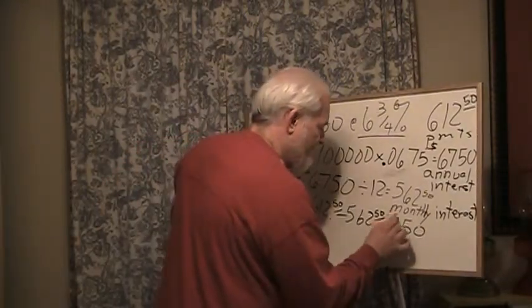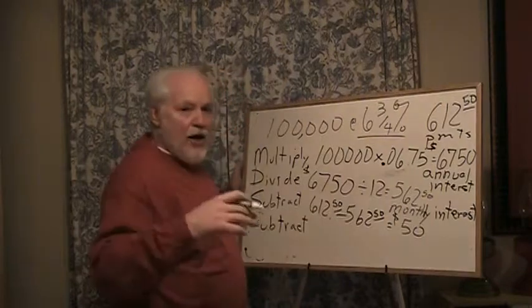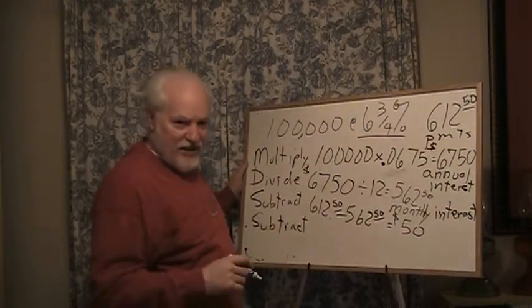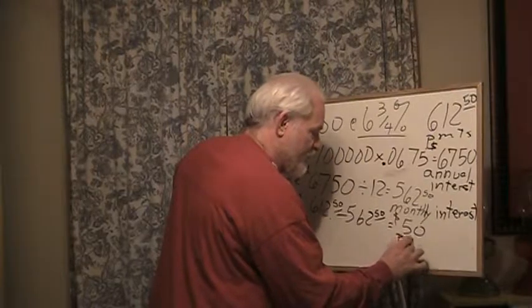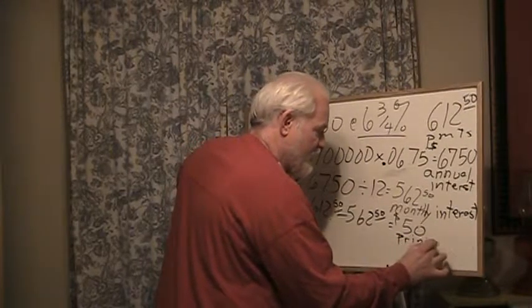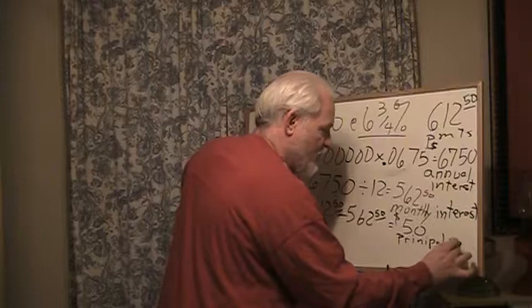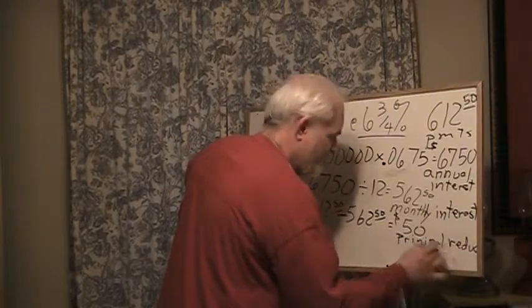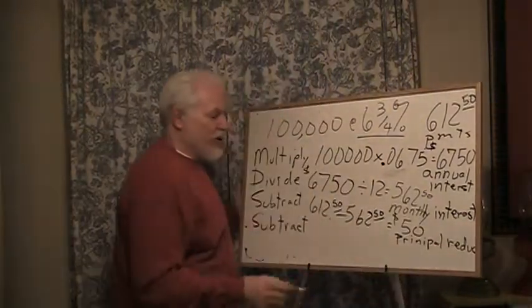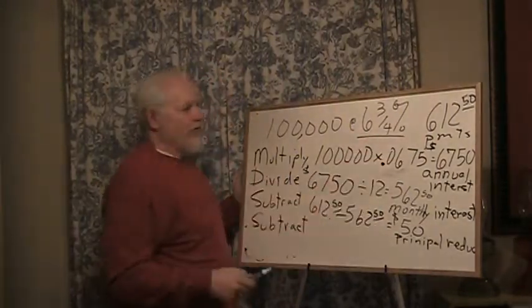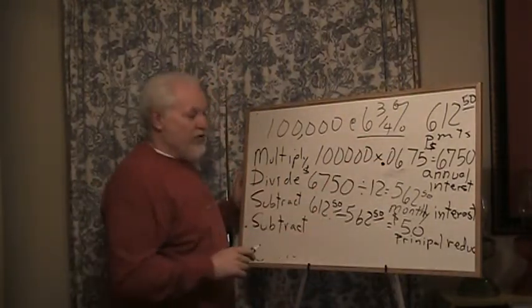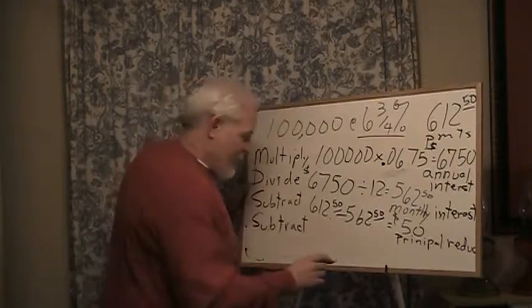So we're going to pay $50 in monthly amortization or monthly principal reduction. So that is the principal reduction the first month. We sent the bank $612.50 and we reduced our principal by $50.